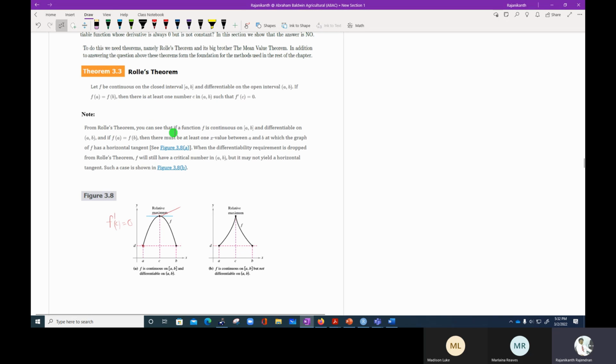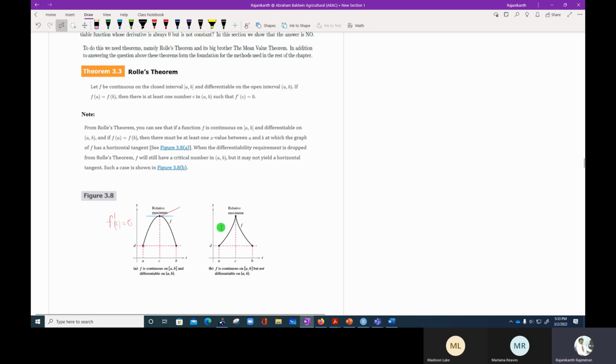From Rolle's theorem, you can see that if a function is continuous and differentiable on AB, and if f(a) is equal to f(b), then there must be at least one x value where the function has the turning point, that is this. When the differentiability requirement is dropped from Rolle's theorem, f will still have the critical value, right?